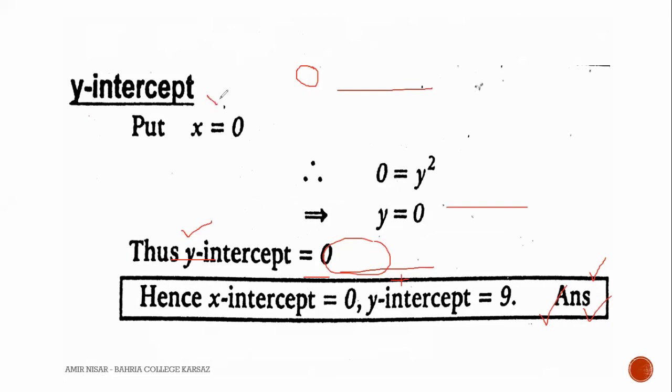So our heading is y-intercept. Y-intercept means the value of y for which x is 0. So we have taken x as 0. When you put x as 0 in the equation, you will get 0 is equal to y square. On taking the square root of both sides, y is 0. So here the curve is passing through the origin.